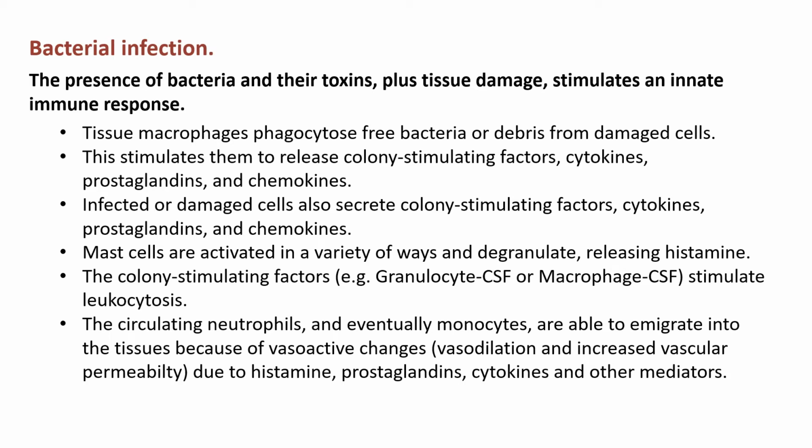So the circulating neutrophils and eventually monocytes are able to emigrate into the tissues. You remember this is all about roly-roly, put a foot through, diapedesis, stick to the cell adhesion molecules first so that you can get your foot through, and eventually emigrate through those gaps into the tissues.